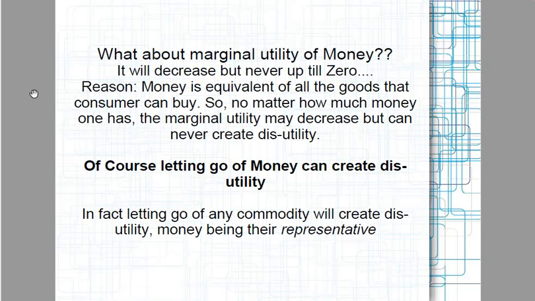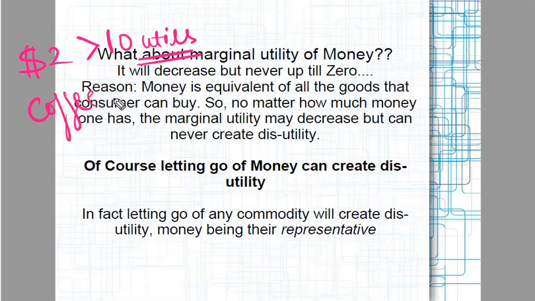Remember what we said, that if the utility of money was more, if those $2 gave us greater than 10 utils, okay, the value of $2 was more than 10 utils, and coffee gives us 10 utils, then we wouldn't make that transaction.